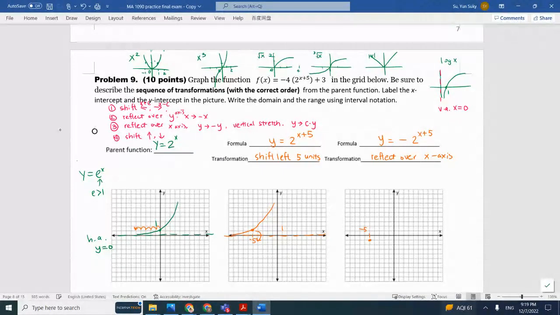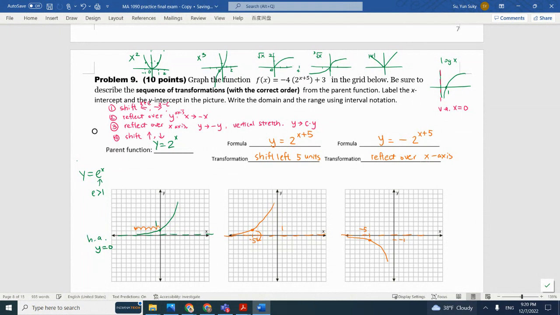Let me put a -5 here so I can use it for the -1. So the reflection will look like that. Let me make it better. I need to pass through that point. Try again. And we still have the same horizontal asymptote. Okay, and then keep going.